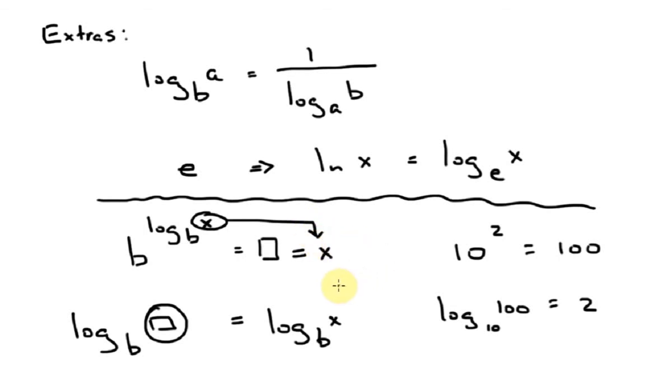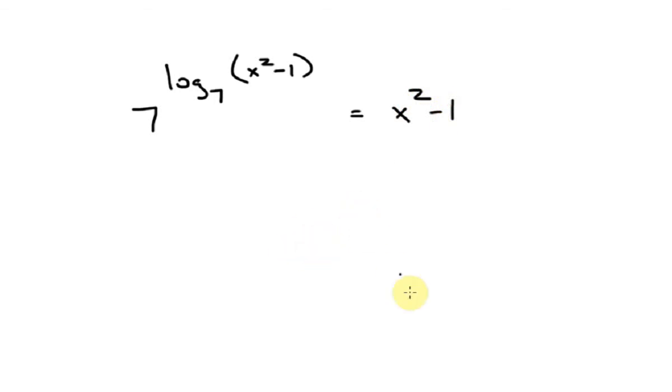So if somebody comes along and says, I got 7, and then I got log base 7, it doesn't matter what I put in the brackets, that's what the whole thing equals. If somebody put in x squared minus 1, well, by golly, that is what this has to equal. So it's a cool little relationship, and it's a good thing to put in the back of your mind. And that's where I'm going to stop.